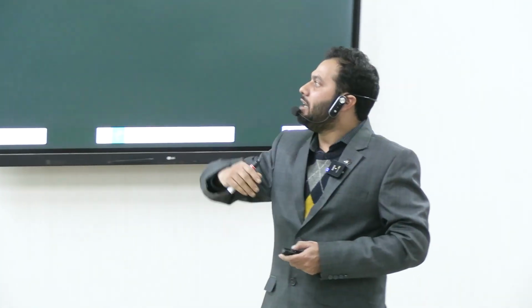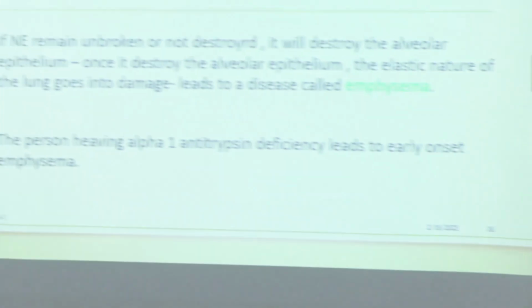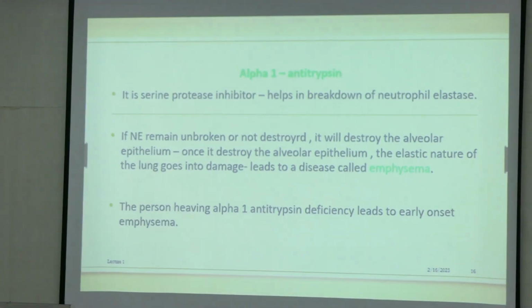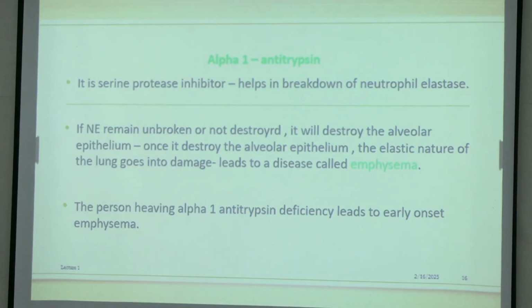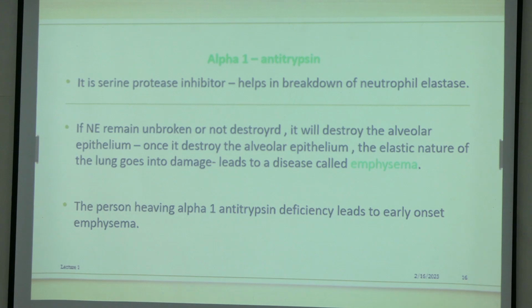So if there is an inhibition of serine protease, it helps in the breakdown of neutrophil elastase. Neutrophil elastase again is a protein secreted by neutrophils in inflammation, right? It means the synthesis of neutrophil elastase occurs in inflammation by the neutrophil cell.